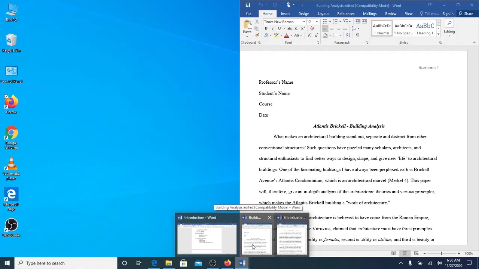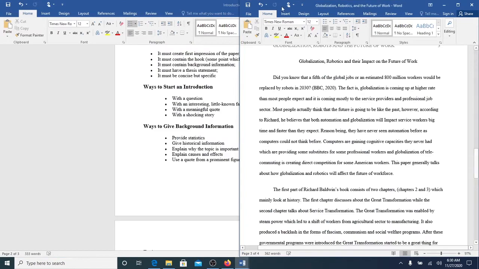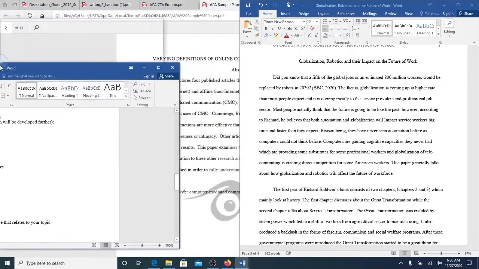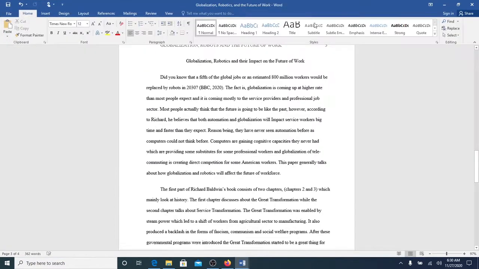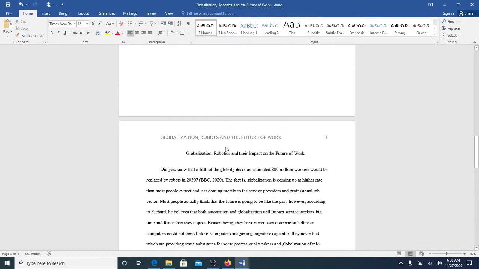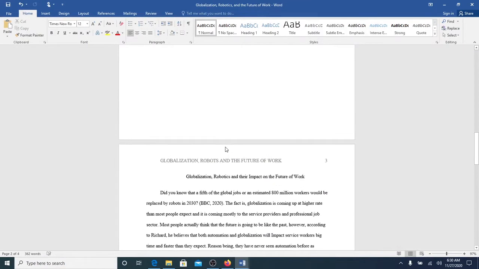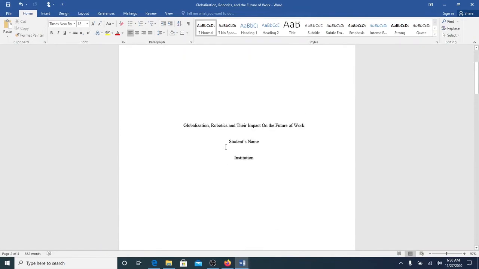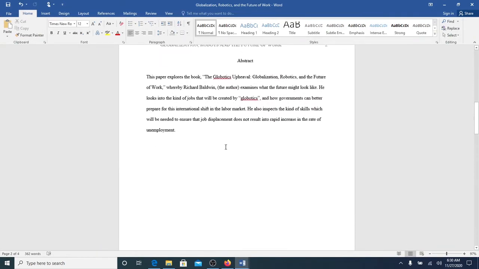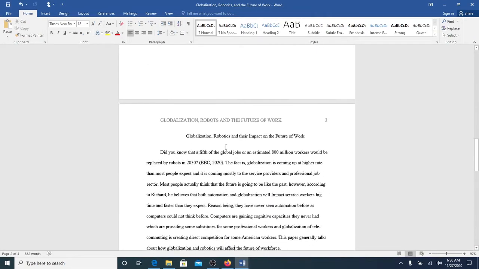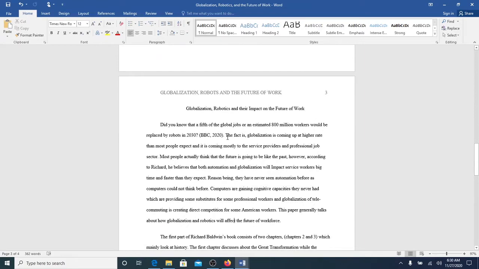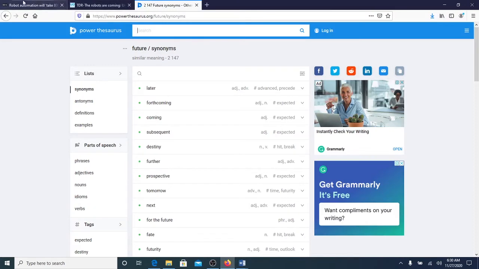To show you an example, we're going to look at one of the papers that I wrote. This is how globalization and robotics has impacted the future of work. I started by researching the topic itself.